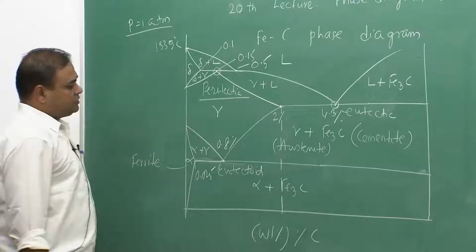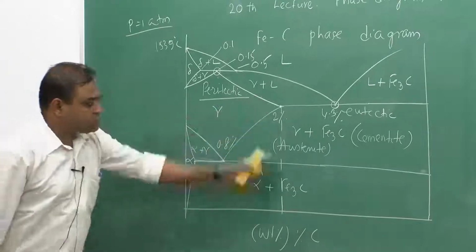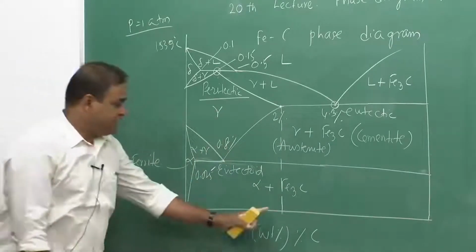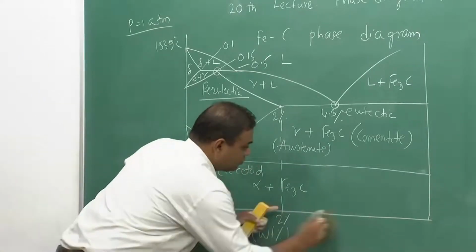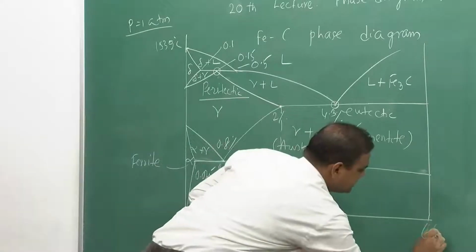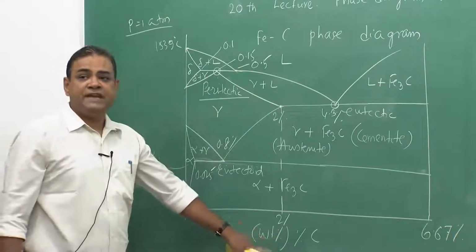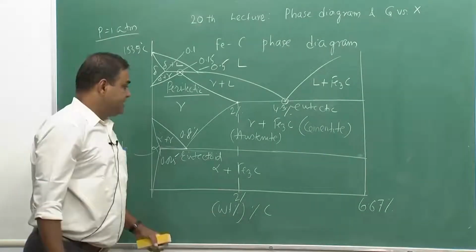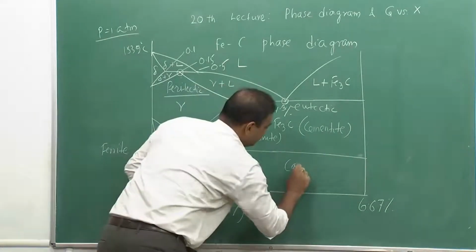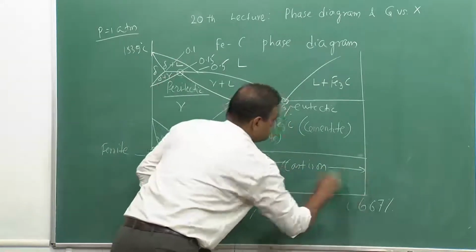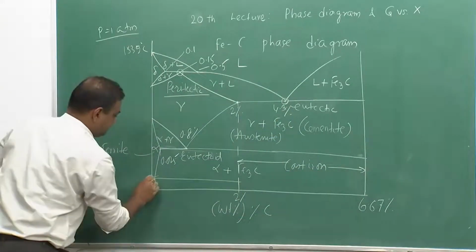So, if I draw a dotted line, this region we call the steel part, and from 2% onward to 6.67%, which is the composition of carbon in Fe3C, this is cast iron, and this is the steel part.